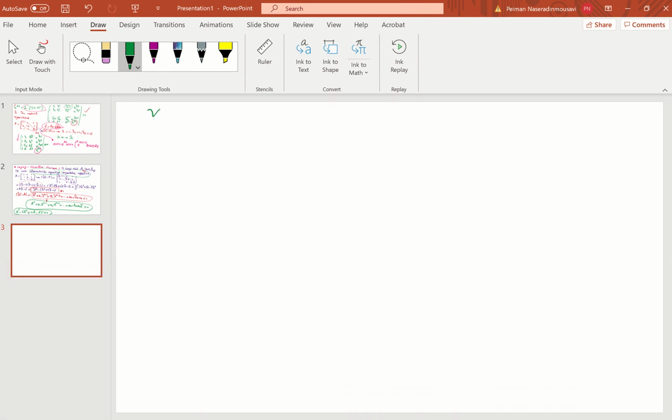This was a transfer function, y over x, from undergraduate control, that can be b naught s to the m plus b1 s to the m minus 1 and finally bm, over s to the n plus a naught s to the n minus 1 plus, finally, an.